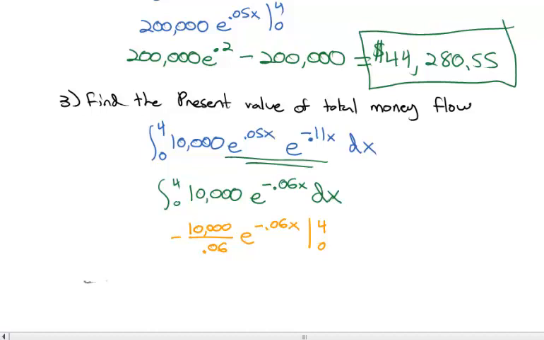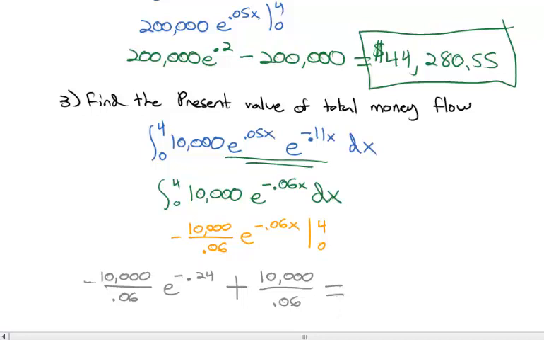So plugging 4 in, negative 10,000 over 0.06 e to the negative 0.24. 0.06 times 4 is 0.24. Minus a negative, which changes it to a positive, 10,000 divided by 0.06 e to the 0, which becomes 1.